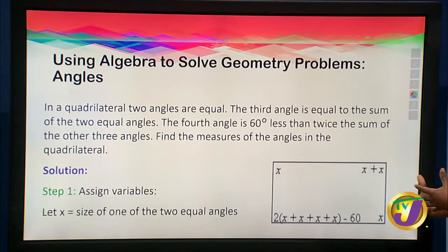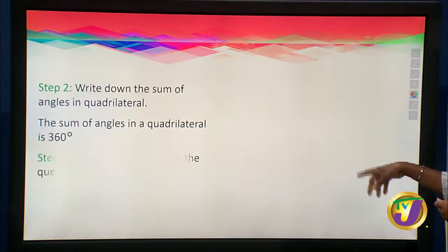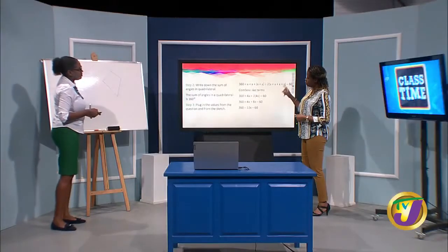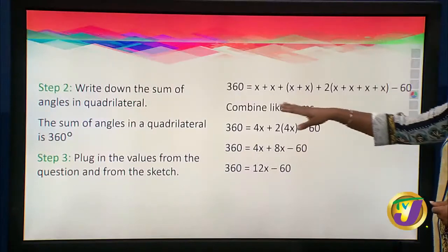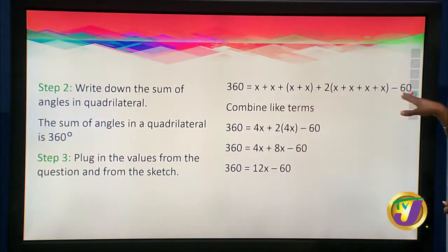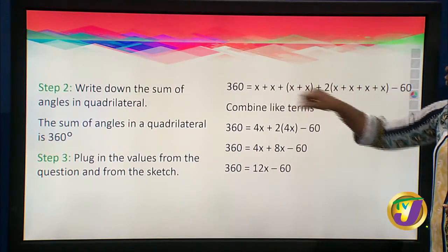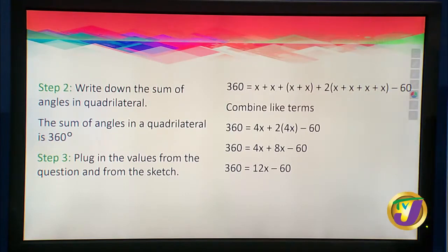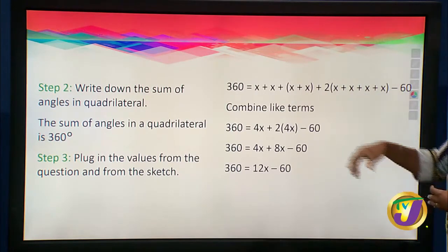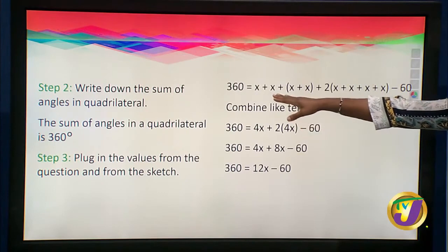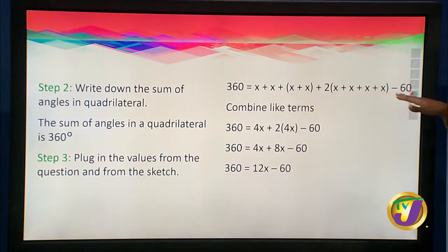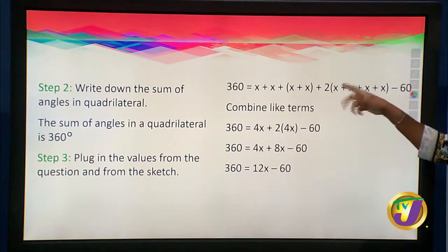So let me just go back there. No, we don't. So let's just do it on the screen here because time is going against us. So substituting the angle sizes, equating them to 360, which is the total of the angles in a quadrilateral, we would simplify by combining like terms, remove this bracket here, simplify what's inside the bracket, then remove the bracket.